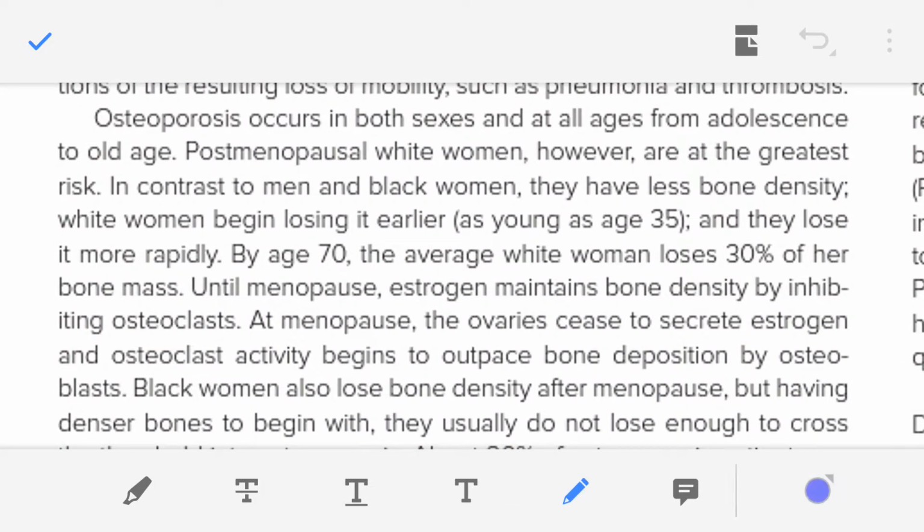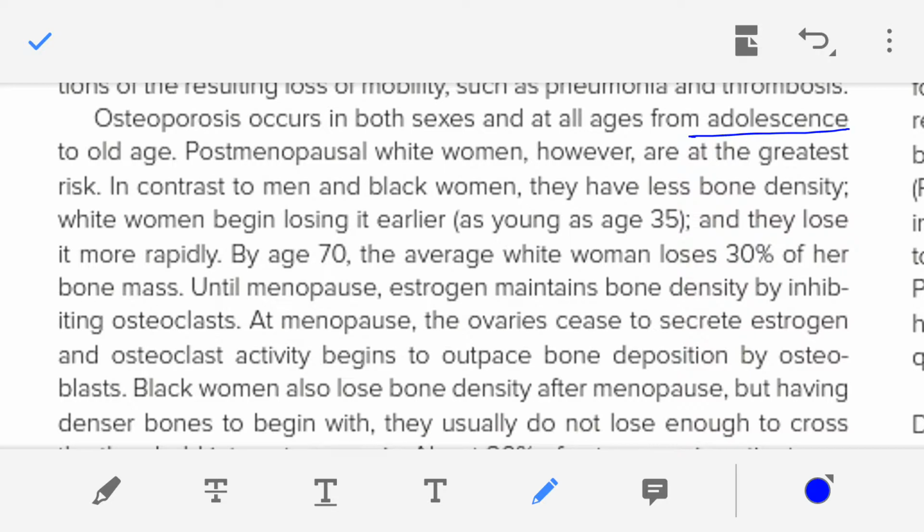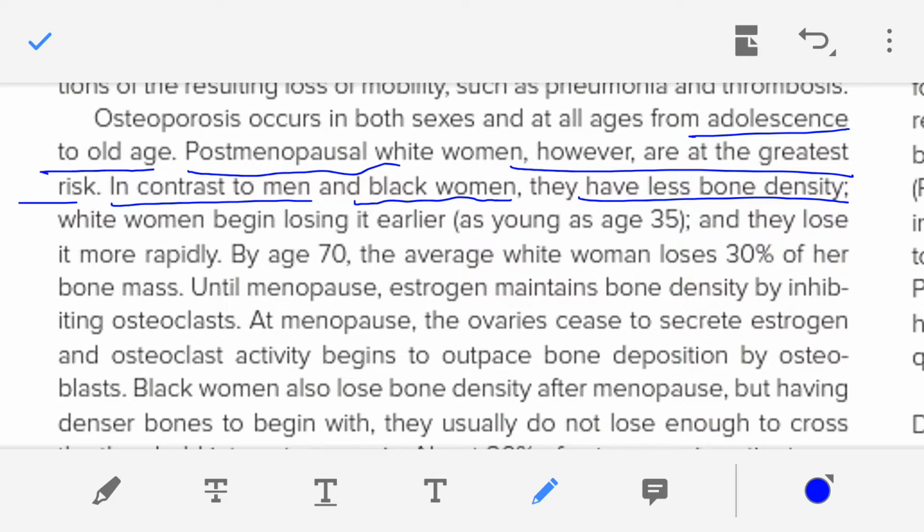Now, osteoporosis affects both sexes. That means men and women are both affected by osteoporosis at all ages, from adolescence to old age. Generally, women post-menopause, that means after menopause, are at a high risk of developing osteoporosis. In contrast to men and black women, white women have less bone density.